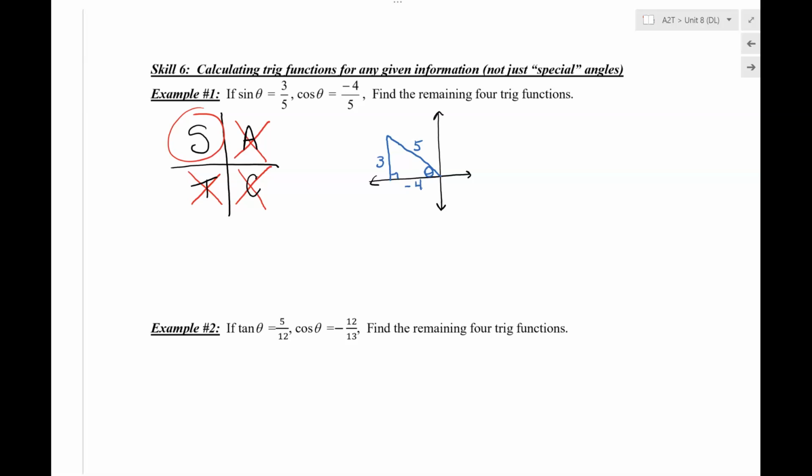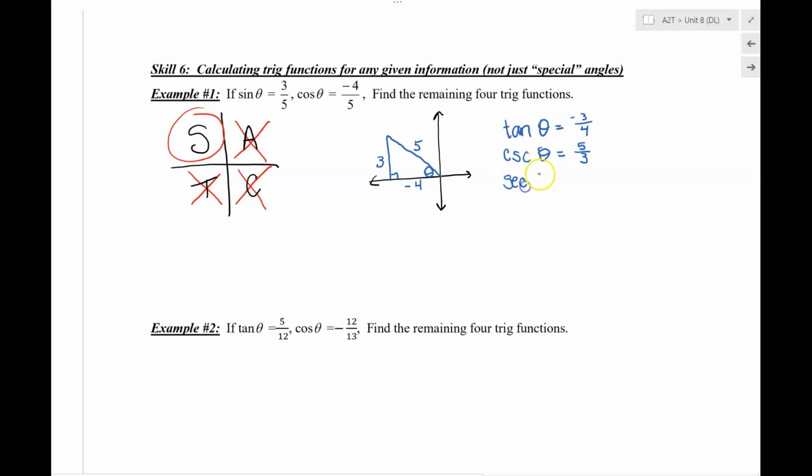So we've got sine, cosine, we need tangent. Tangent of theta is opposite over adjacent, so that would be -3/4 based off of our drawing. The other 3 are the reciprocals. Cosecant is the reciprocal of sine, which means it is hypotenuse over opposite, so it's 5/3.